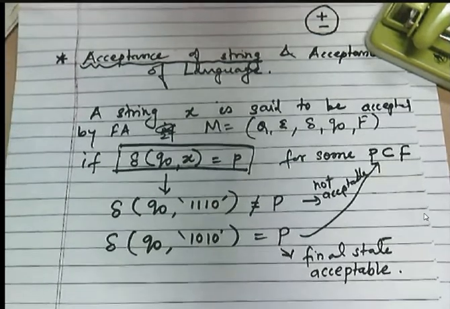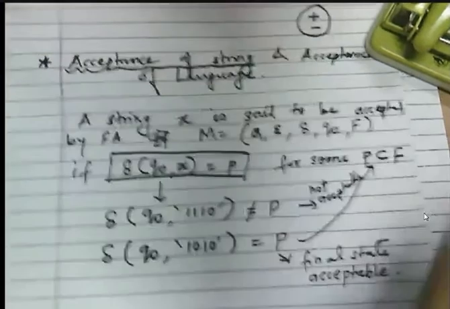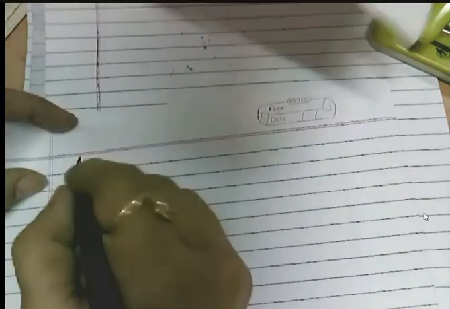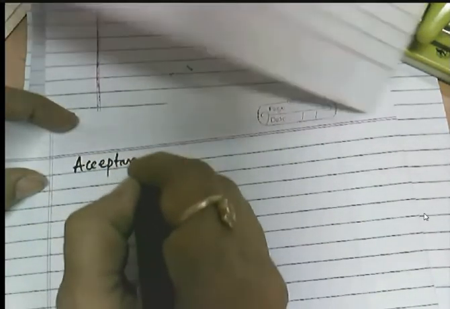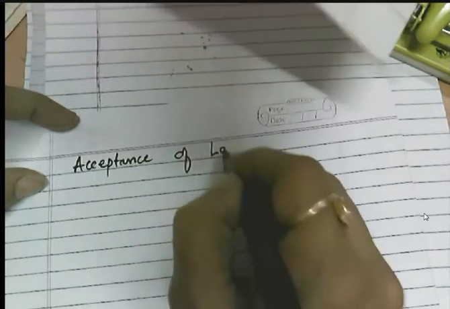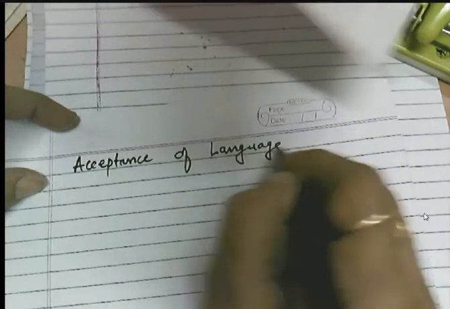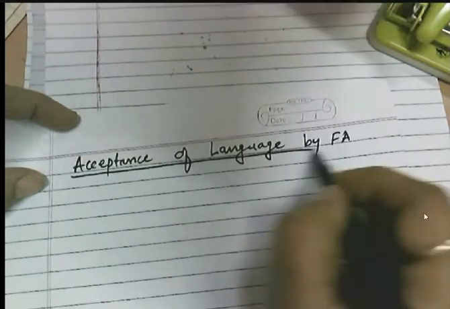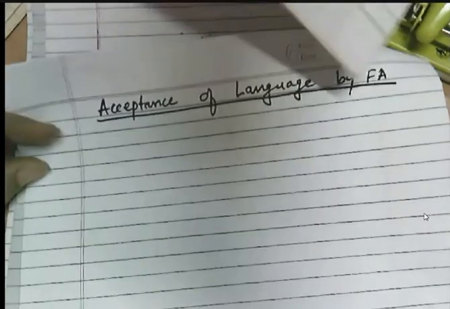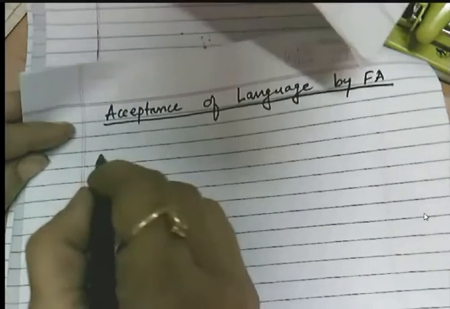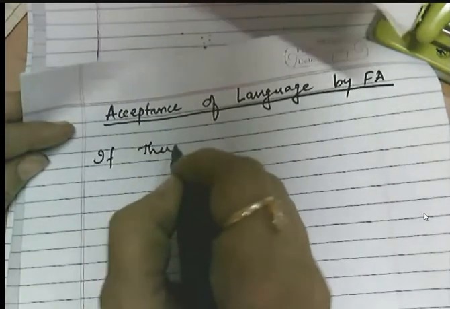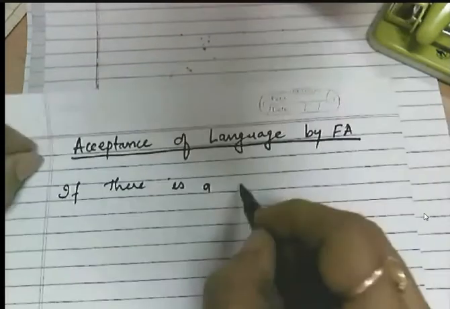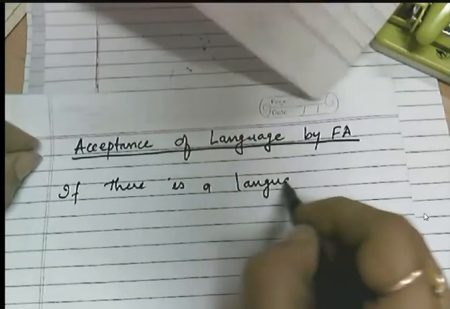Similarly, when we say the language is acceptable to a particular finite automata, that is acceptance of a language by FA.